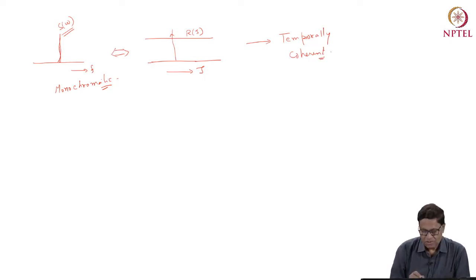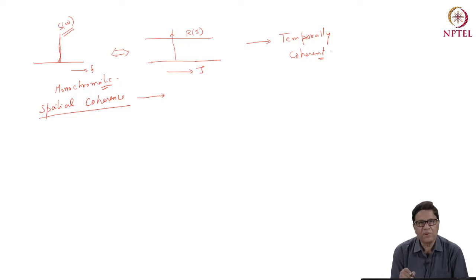Okay. So now let us try to understand the spatial coherence. As I explained you earlier, the coherence is of two types, temporal coherence and spatial coherence. I have discussed the temporal coherence, and then let us discuss the spatial coherence.